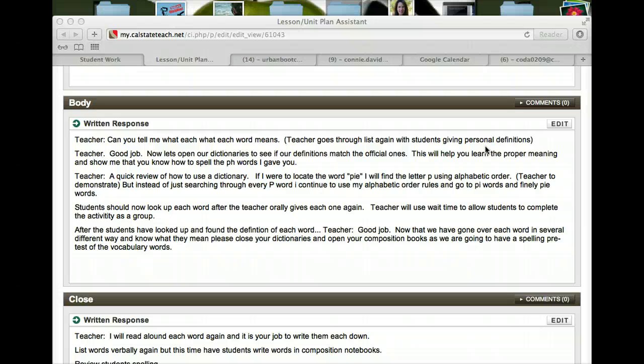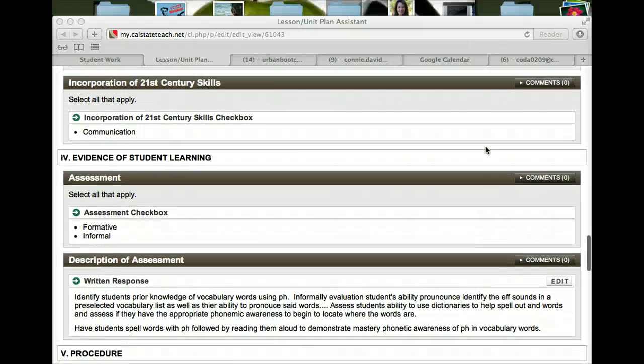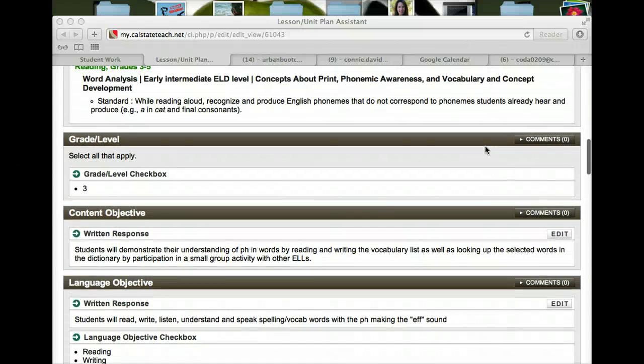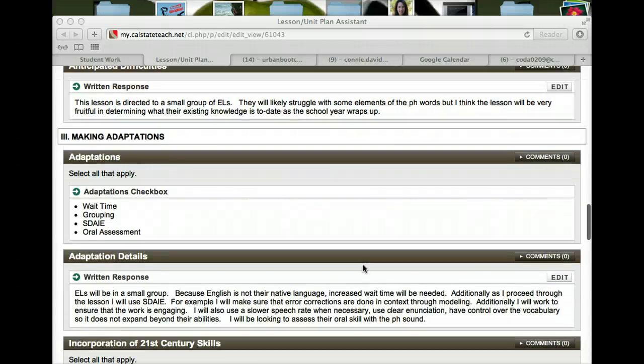How are you going to scaffold me so I'm able to understand what these vocabulary words mean? And I say once again, you didn't ask me what they meant. Your objective was that they would be reading the words and writing the vocabulary words, and they would understand the PH sound, but you didn't say anything about me understanding vocabulary.